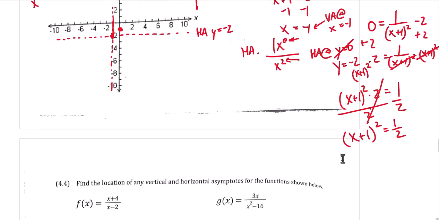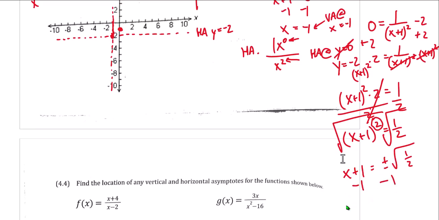And then this is going to get a little ugly, but that's okay. I get x plus 1 equals, remember I have to account for the fact that I could get both a positive or negative. I'm square rooting a squared variable expression here, so I have to account for both the plus and minus scenario.